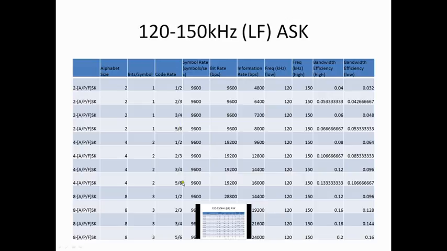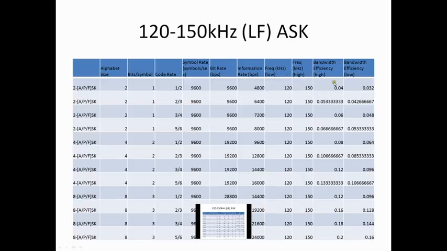I tried each of the code rates out on each alphabet size, and these are all the 9,600, as I said before. So our bit rate is calculated in this column here. Our information rate is calculated here, and our frequency ranges, since we have a range, are shown here.